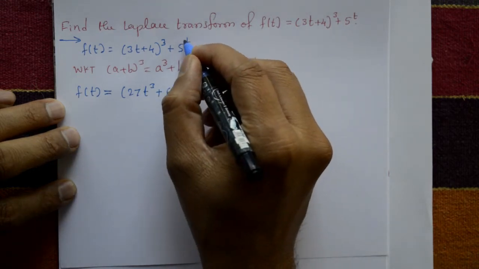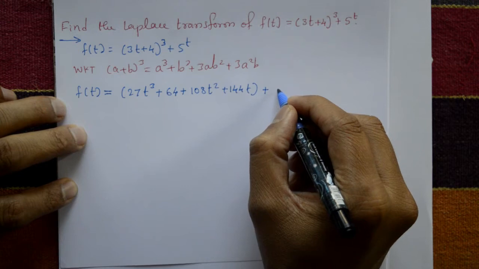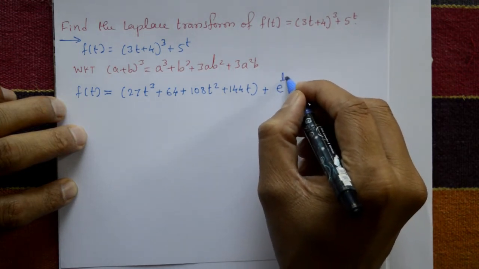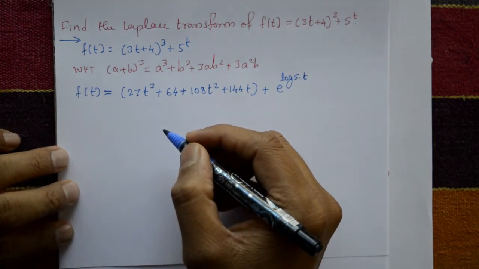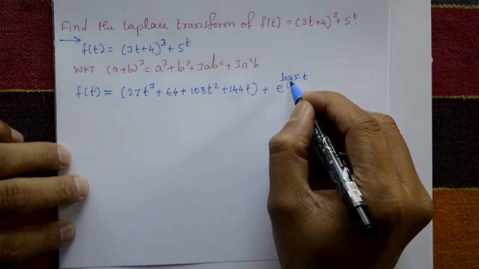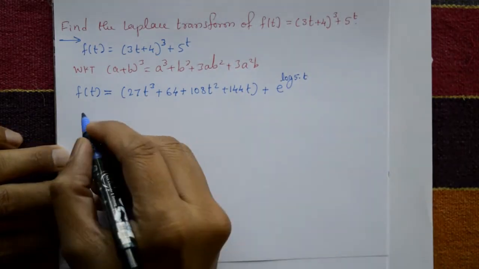Okay, now convert into standard form. 5 raised to t you can write like this: e to the power log 5 into t. That means e raised to at, where a means log 5. Then you apply the Laplace transform on both sides.